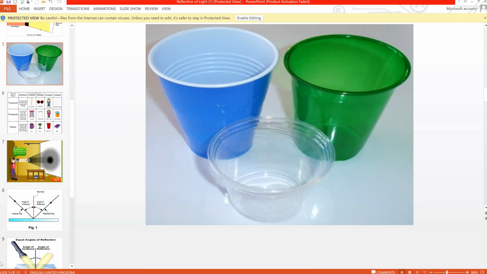Water we can take as translucent also, but it depends upon the clarity of the water. If the water is crystal clear, that is why I said fresh water. Further examples? Glass.